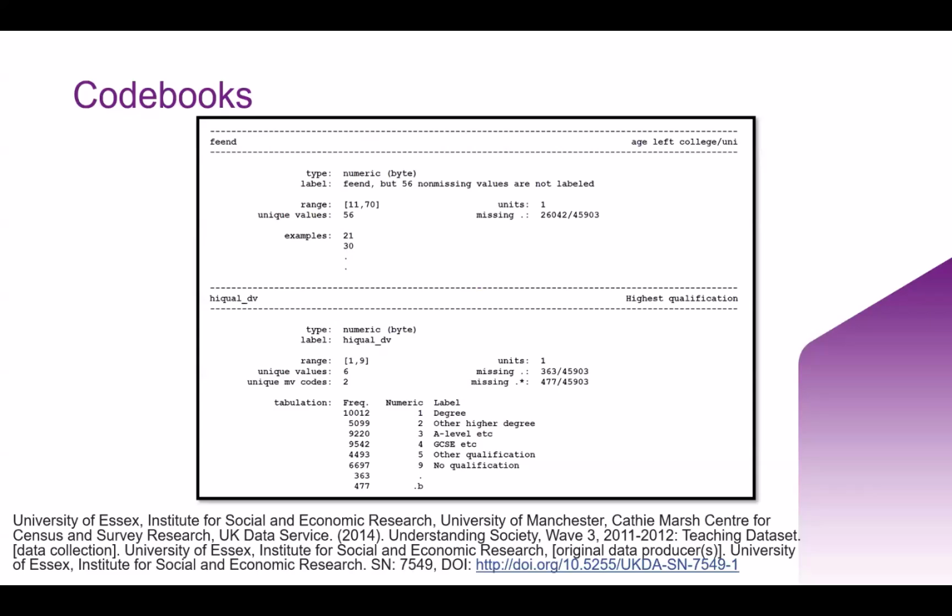And just having a little bit of a closer look at the code books. So you can see this one is from the Understanding Society teaching data set, and you can see the variable name, the label, and options for responses and the range of responses. So unlike embedded metadata that was shown earlier, this code book can sit separately from the data, and it can also be open.